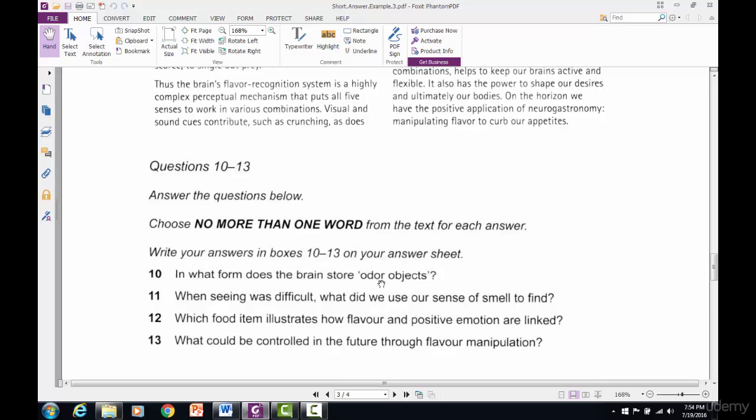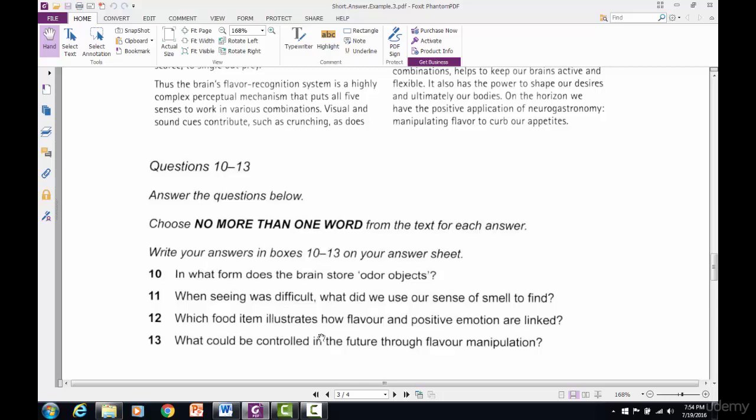Odor objects is in quotations. That means that's going to be easy to find when we look at the reading passage. Number 11, the keyword is difficult. I love when they have the word difficult because they usually will use some kind of synonym like problem or challenge. So that question is kind of easy to find.